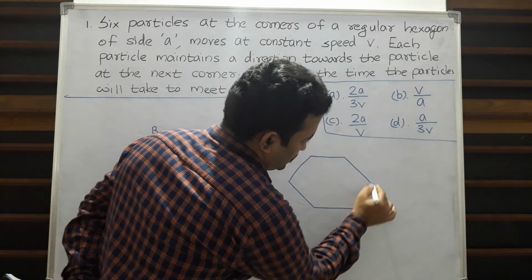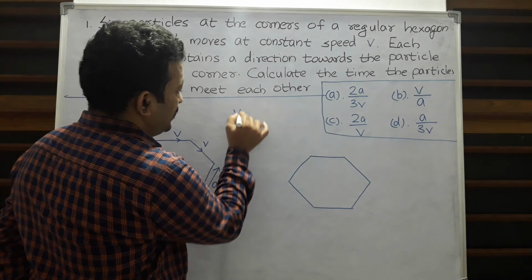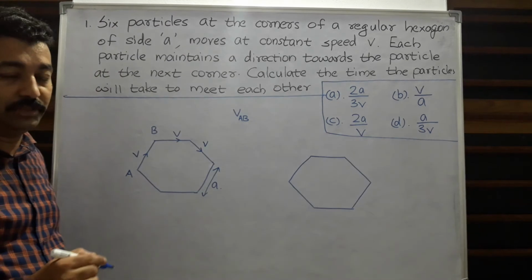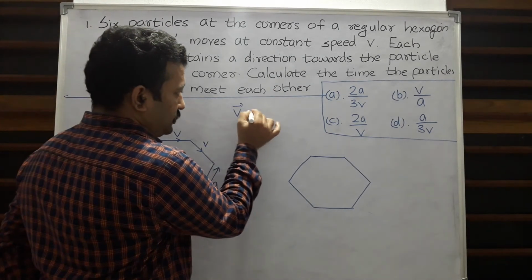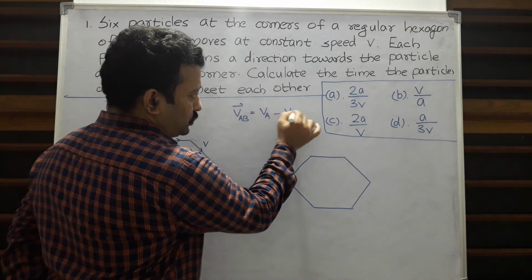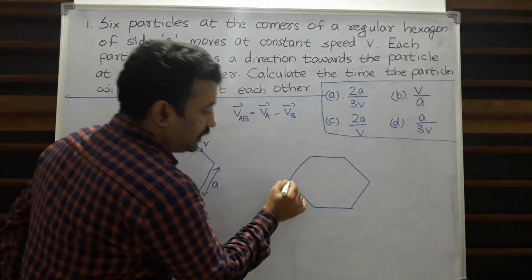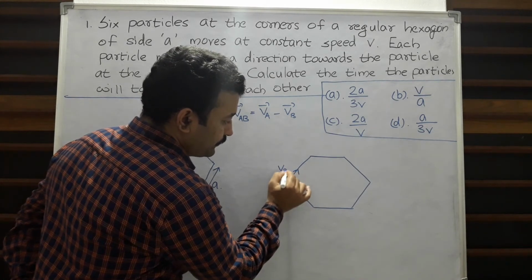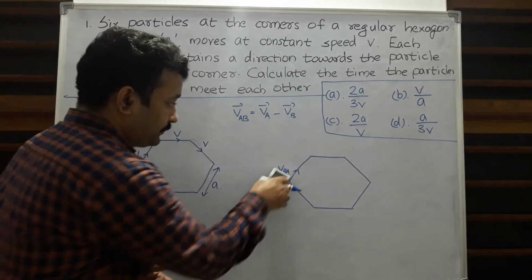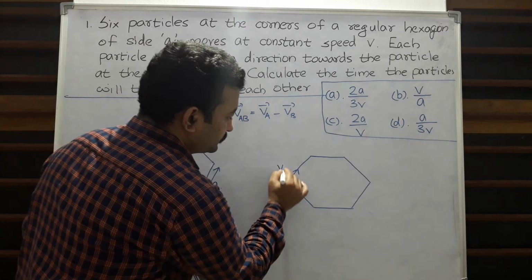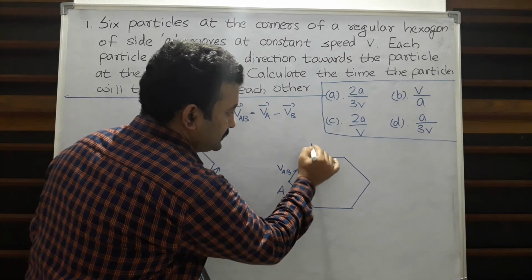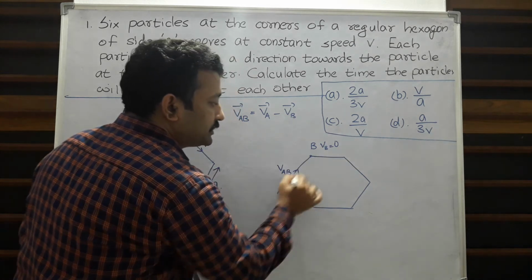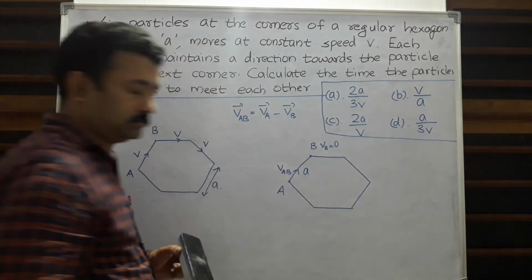A's relative velocity with respect to B, VAB, is equal to VA minus VB. If B is at rest, that means VB is equal to 0, then the distance to be covered is nothing but a.